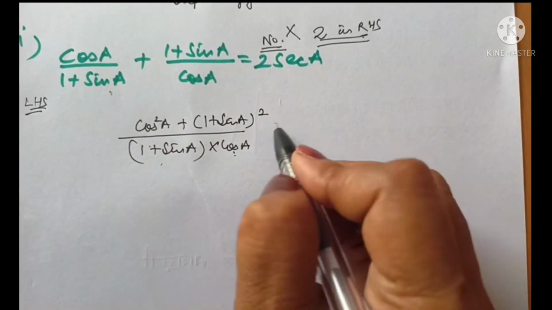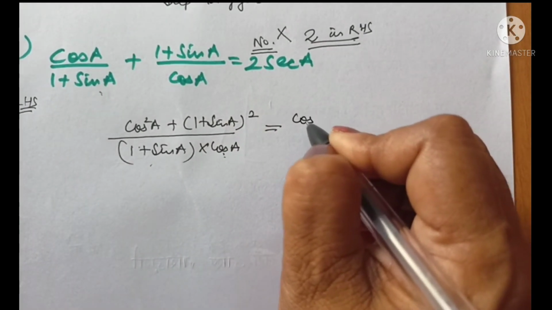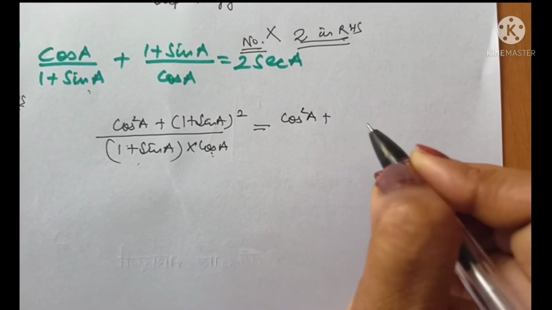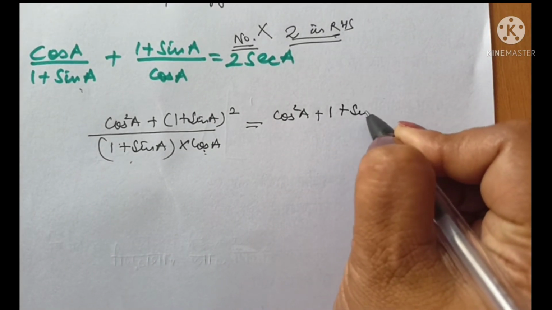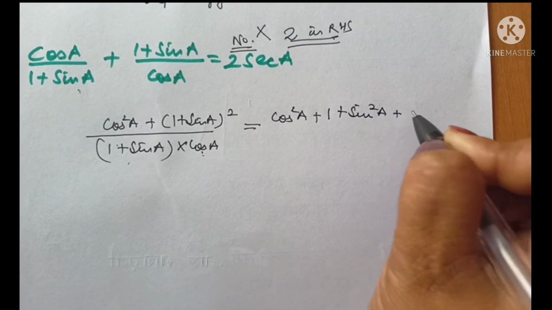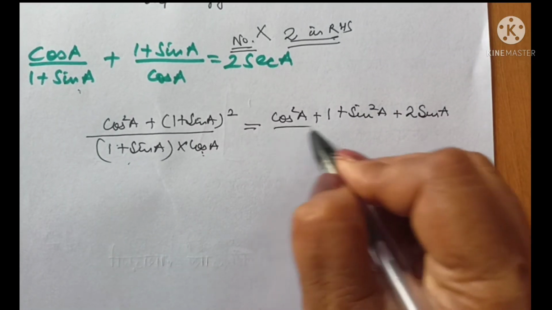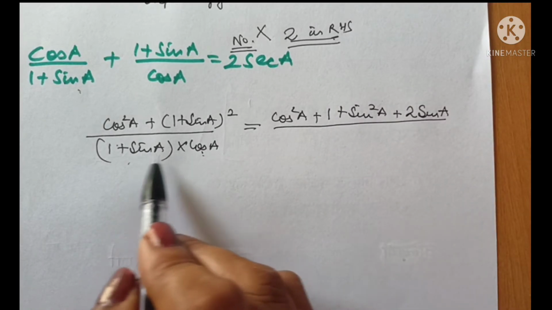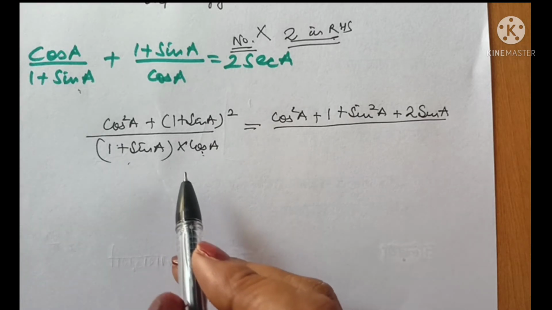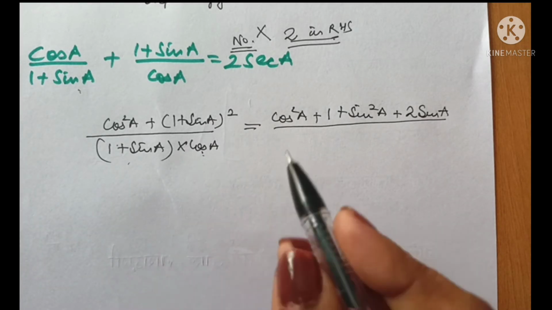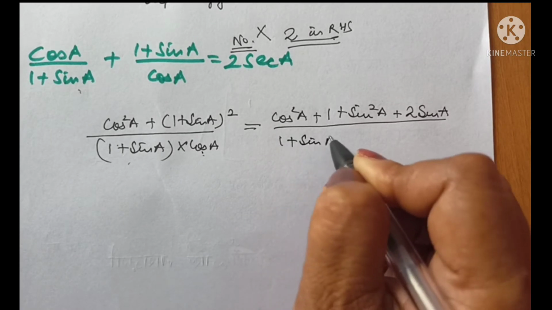Got it? Now here I will open the identity because I can't do anything else. So cos square A I leave it as it is. 1 plus sin A whole square I will write as A square, that is 1, plus B square, that is sin square A, plus 2AB, that is 2 into 1 into sin A. 2 sin A. And in the denominator, don't open the bracket, because in very few questions the bracket needs to be opened in the denominator, because the things get cancelled usually.